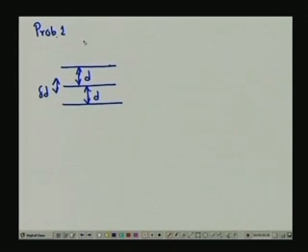So, I have plates. This is also a connection, there is another connection, and there is another connection here.